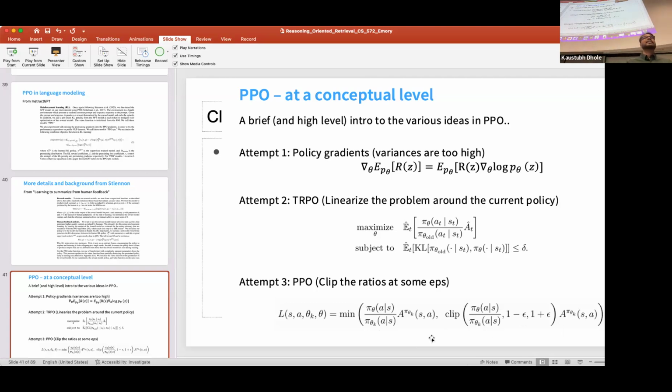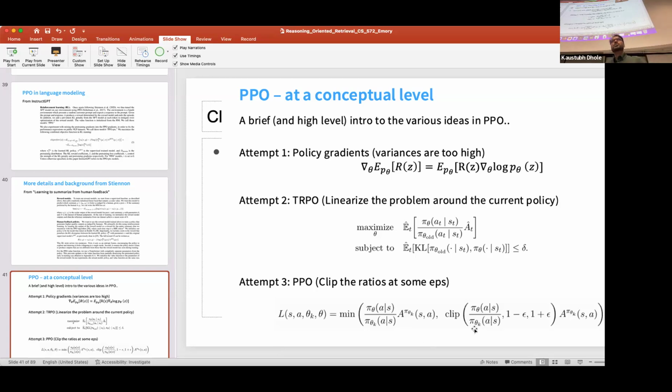That is essentially gradient clipping. The derivation for this is not in this slide, but it's in any REINFORCE lecture. So just the REINFORCE equation, and finally we come to the PPO equation.